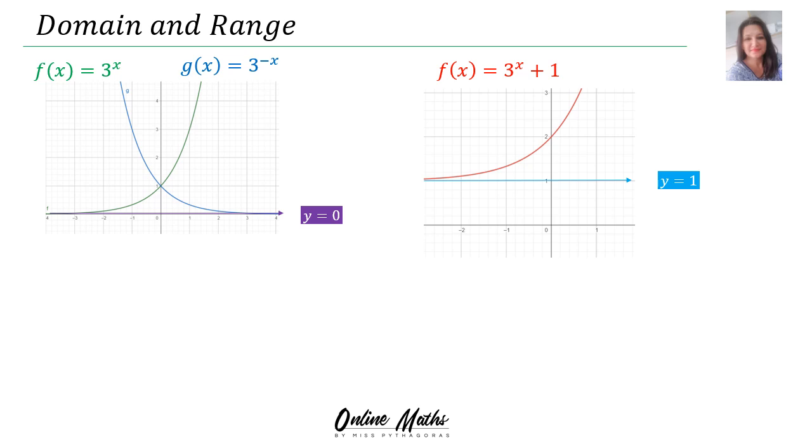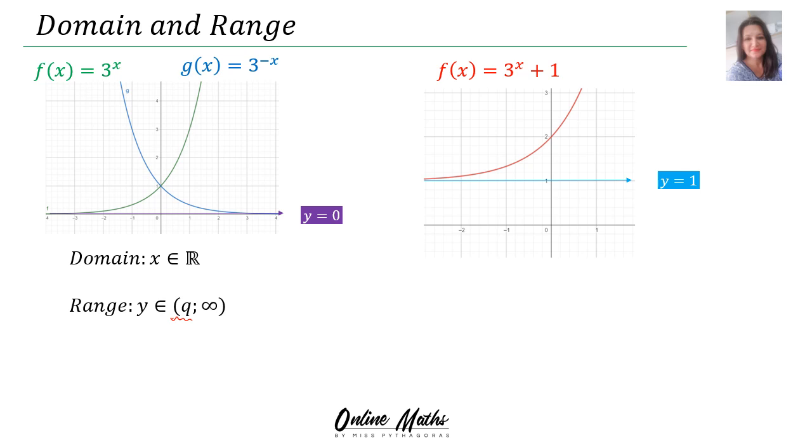I want to discuss the domain and range as well. So there's the green graph, f of x is 3 to the x, and then the graph g of x is 3 to the negative x. Remember that graph was the reflected about the y-axis graph. Now the domain for both of them, x is an element of the real numbers, and then the range, there's a general formula, y is an element of q up to infinity, and q is in fact the asymptote.